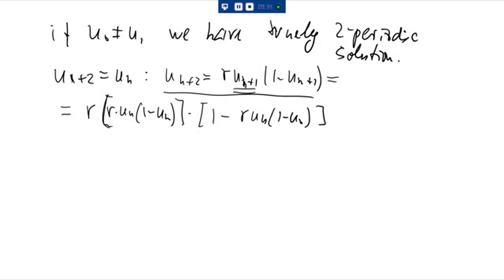We got un plus 2 equals this, in terms of un.